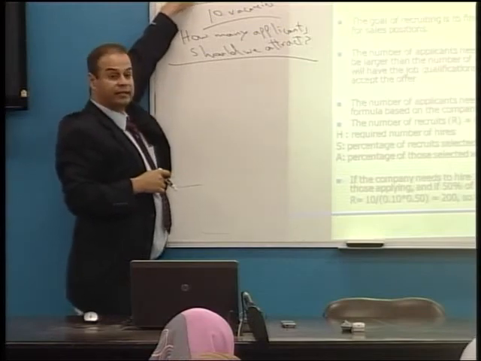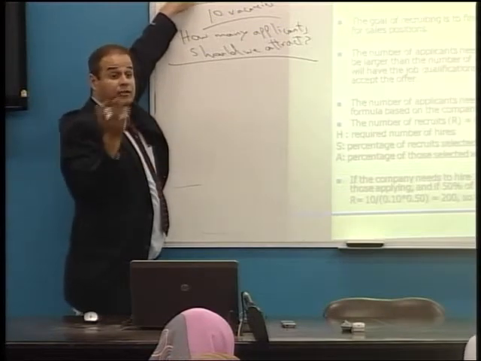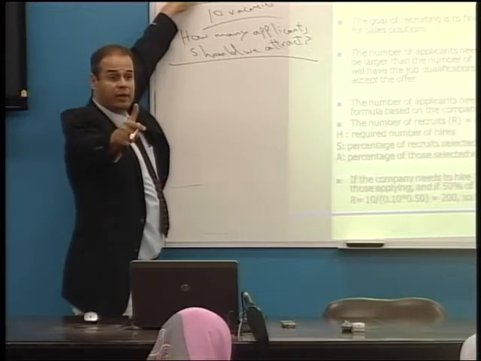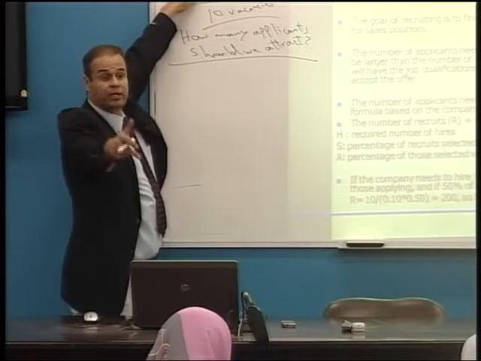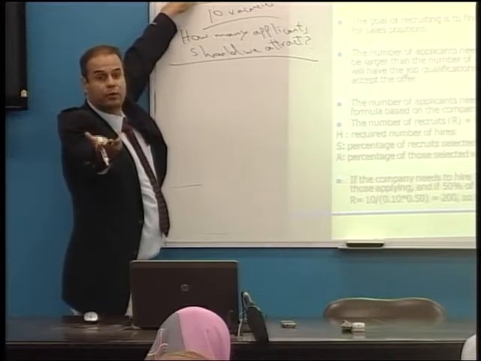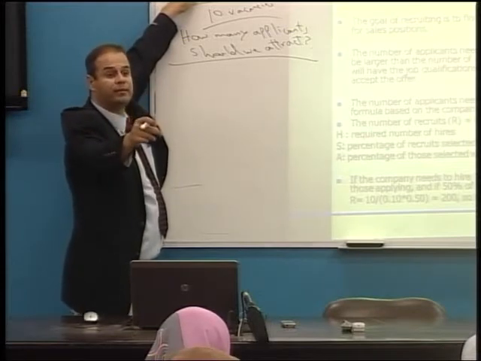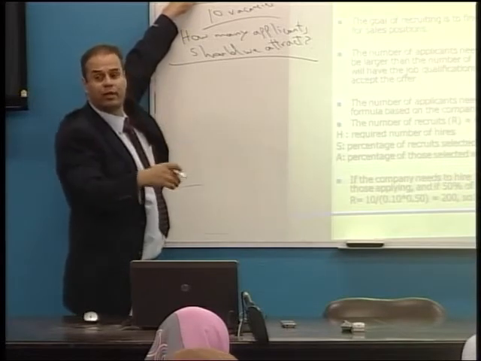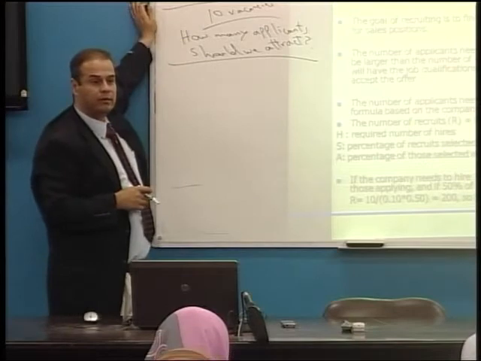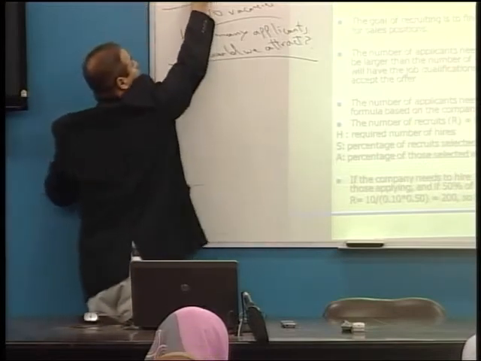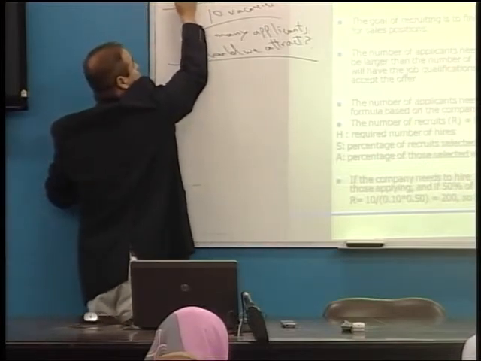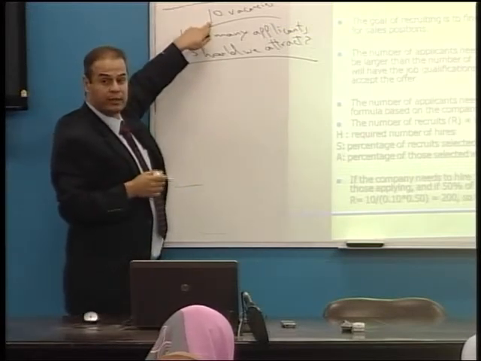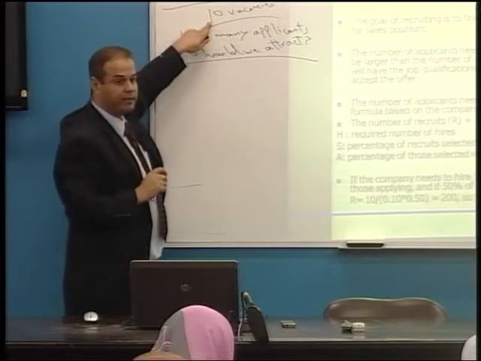If you attract 12 candidates, somebody might fail the test, another might fail the interview, a third might be unqualified, or his unqualification might be determined while screening his or her application, or a fourth might decline your offer. So in this way, 4 withdraw out of 12. Then what is left is 8. So we filled 8 vacancies out of 10, and 2 are still vacant.